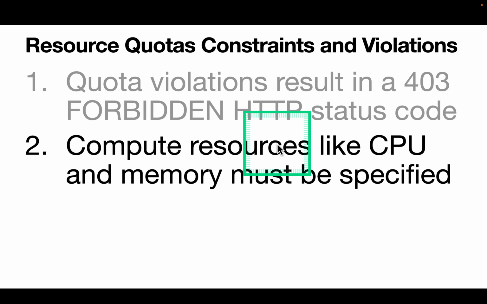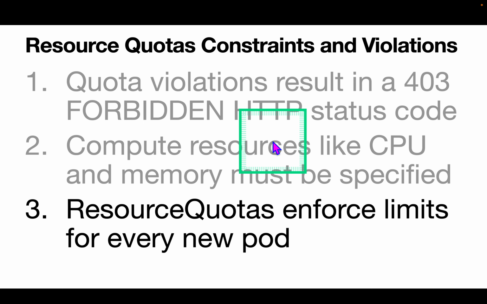If quota is enabled for compute resources like CPU and memory, users must specify requests or limits for those values. For CPU and memory resources, resource quotas enforce that every new pod in the namespace sets a limit for those resources.